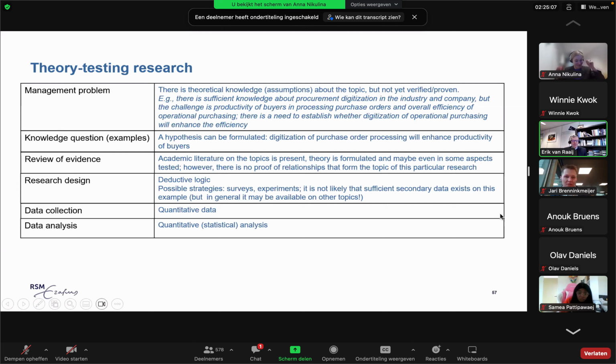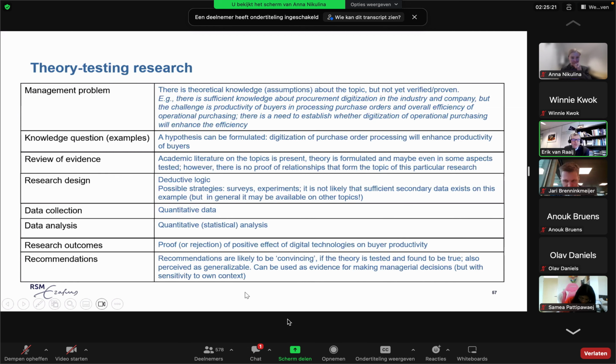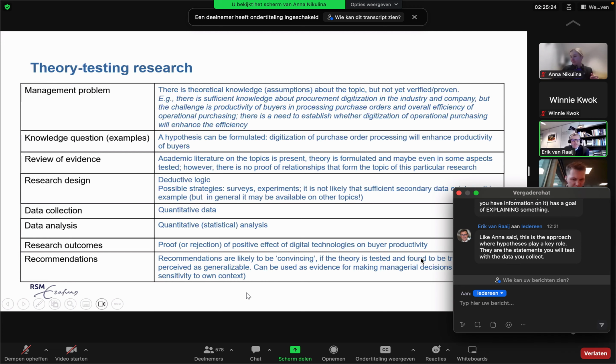Yes, no problem. So we are quantitatively testing hypotheses. We want to test the relationship between two variables, and statistics is being used to reject or not reject that hypothesis. And that's why quant data is the typical type of data that you would use here.